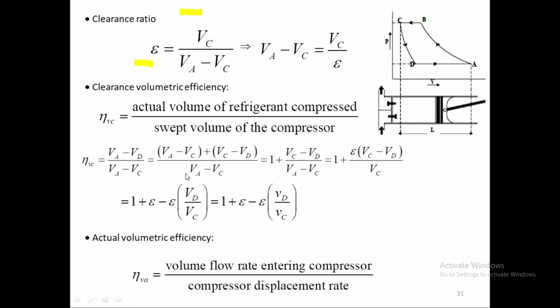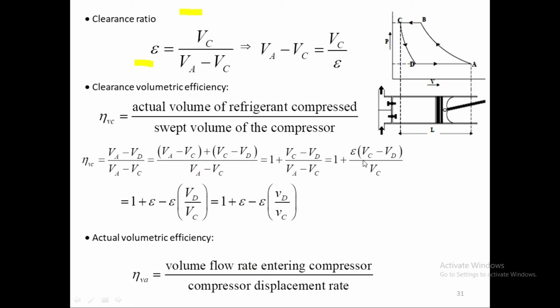So we can also write it by adding and subtracting VC. So VA minus VC plus VC minus VD, divided by VA minus VC. This can be simplified as 1 plus VC minus VD divided by VA minus VC, and this VA minus VC is VC upon epsilon, so 1 upon VA minus VC will be epsilon upon VC, so that's what we have replaced here.